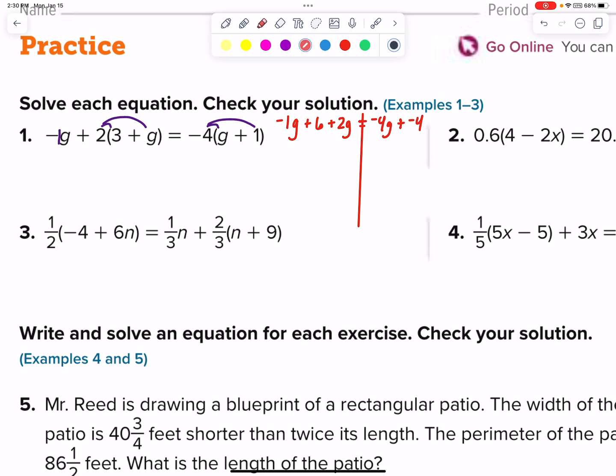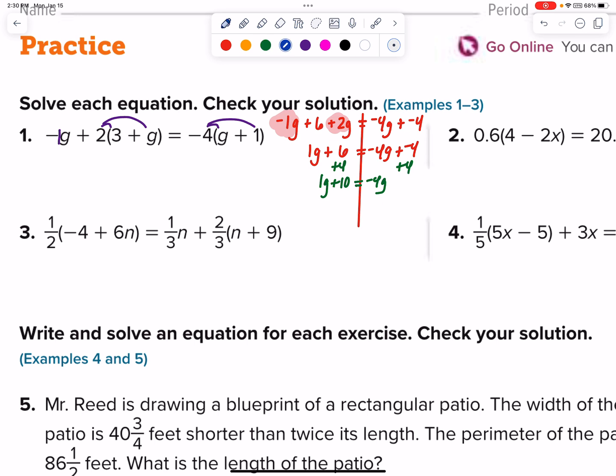All right, I'm going to go ahead and combine like terms. So I have a -1g and a positive 2g. So that different sign subtract, that puts me at 1g plus 6 equals -4g plus a -4. Let's go ahead and move things around now. I'm going to go ahead and add 4 to both sides. So we have 1g plus 10 equals -4g.